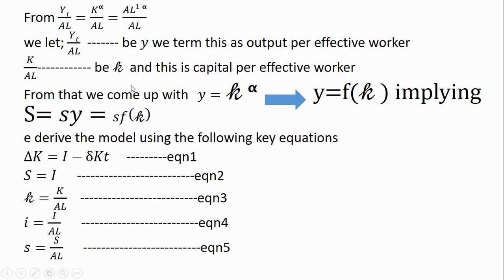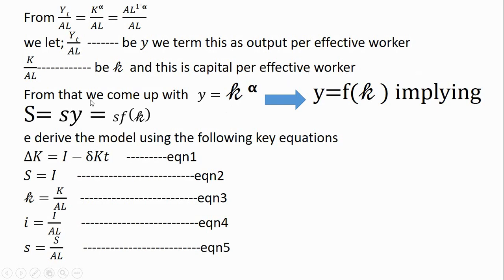So after turning this into per effective worker terms, our output, which is now output per effective worker, is equal to kappa to the power alpha, right? And we are saying that our savings is equal to small s y. Now our small y is what? It is k to the power alpha.